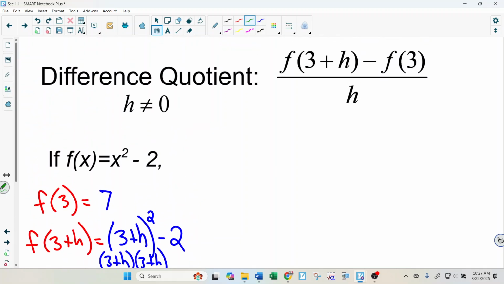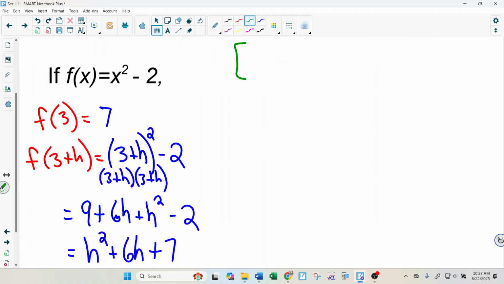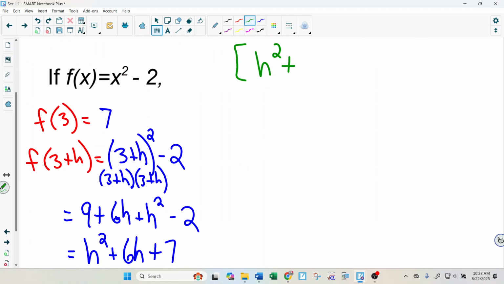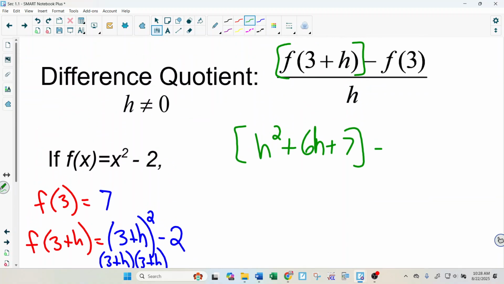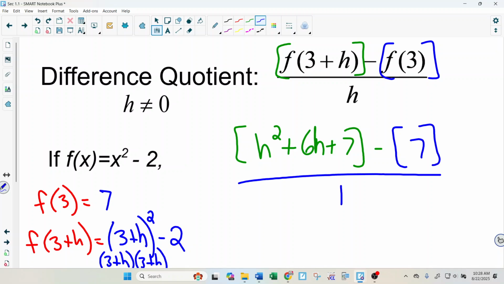So if we come back up here, this 3 plus h was h squared plus 6h plus 7, minus this, which is 7, all over h.